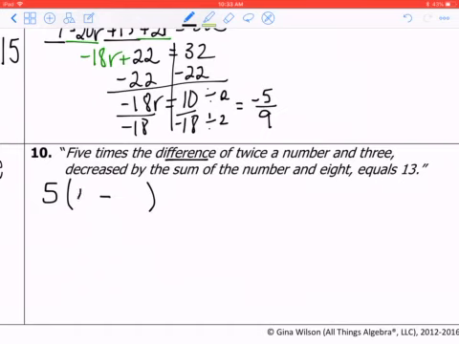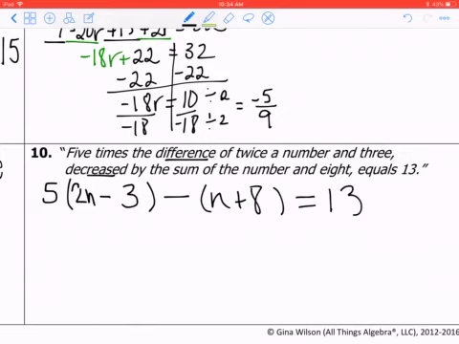Twice a number would be 2n and 3. Decreased by is subtraction. Sum would be n plus 8, and that equals 13. And from there we need to solve.